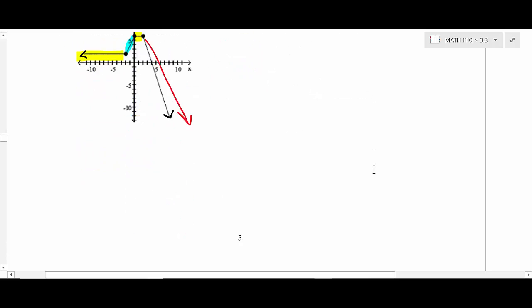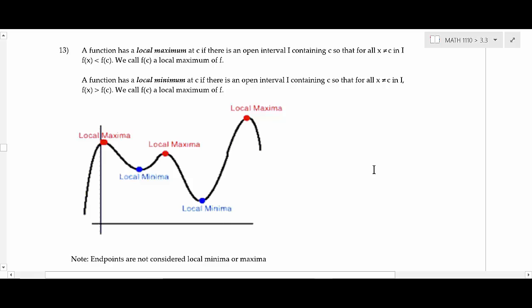Okay, all right. Now we want to look at the idea of what a local maximum and a local minimum is. Again, this is pre-calc stuff, really. So the way I like to look at a local minimum without the definition so much is that your function's going to decrease and then increase.